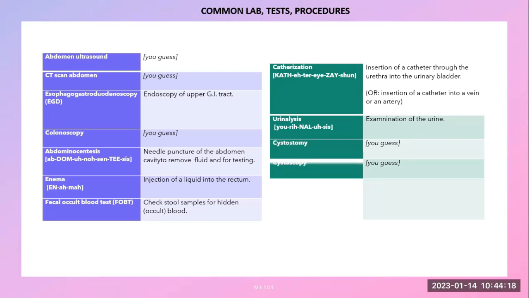Cystostomy. Anyone can guess that? What is the difference between them? Cystostomy and cystoscopy. Right, stomy and scopy. Okay, cystostomy. I guess it means surgical opening into the bladder.